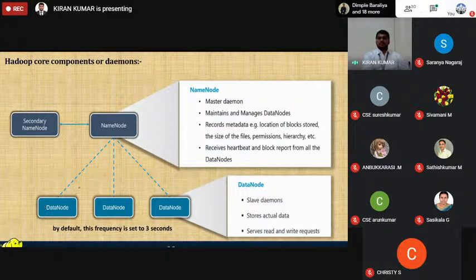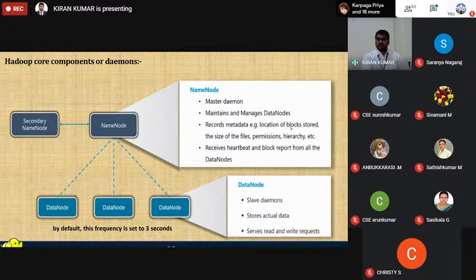So how does it happen? What information will be there in the name node? The name node will have the information about data node number 1, data node number 2, and all the other data nodes available in the cluster. What kind of information? You can see here it records the metadata. For example, let me assume this is data node number 1. The name node will have the information about data node number 1, what kind of data is available in it, and what different permissions we have given.